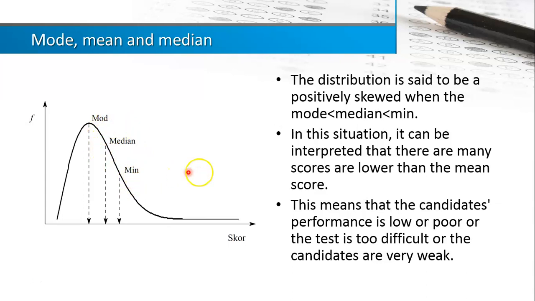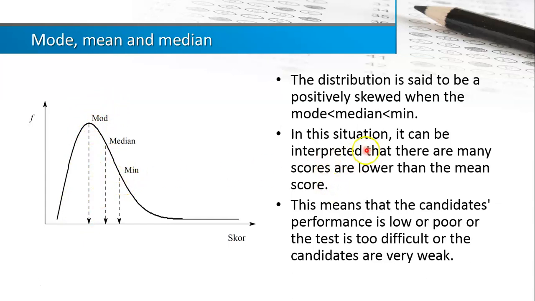The mean is the average. The mode is the score with the most frequency.